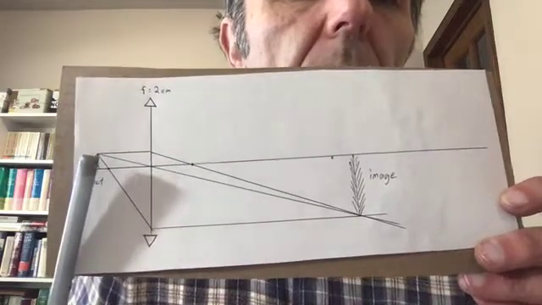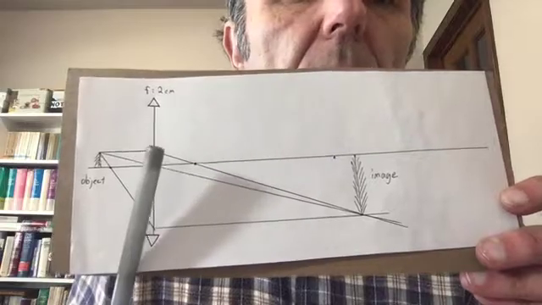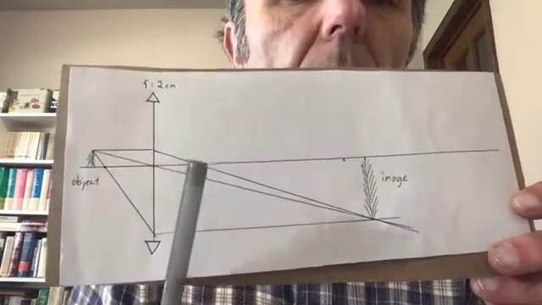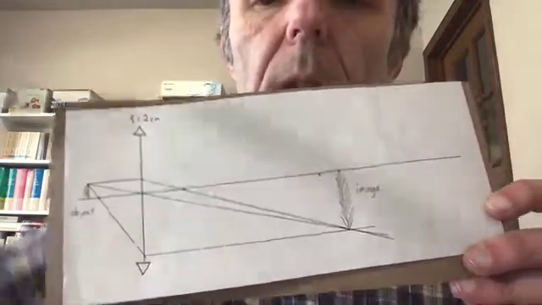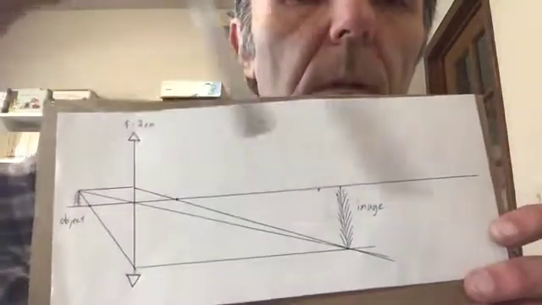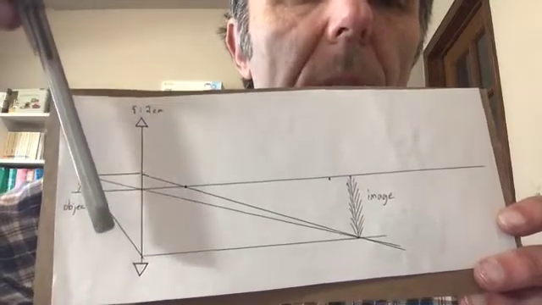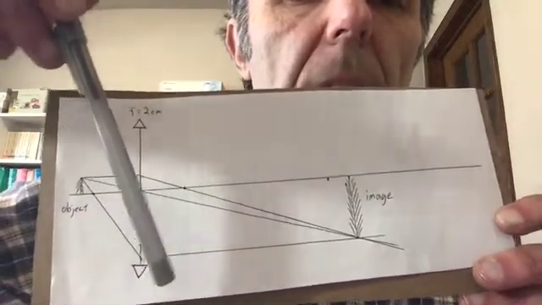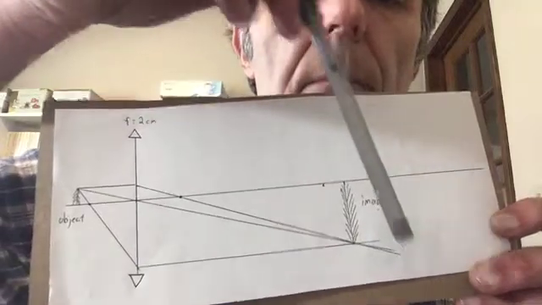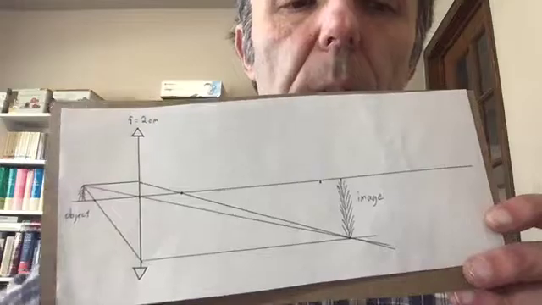There's one ray that comes across horizontally and then goes down through the focal point and on downward. There's going to be another ray which starts at the object and goes through the focal point and then out horizontally. So one horizontal, then through the focal point; one through the focal point, then horizontal.